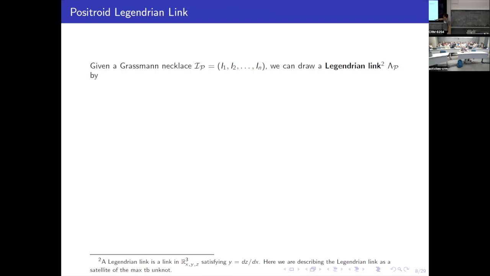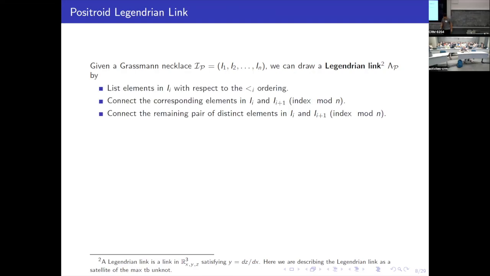Don't worry about it. But let me tell you how you get a link. You list each Grassmann necklace entry with respect to the less-than-i ordering, and then you connect the corresponding elements in I_i and I_{i+1}, and then you connect the remaining one.